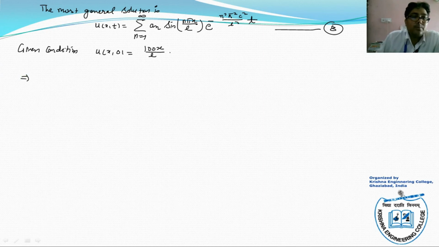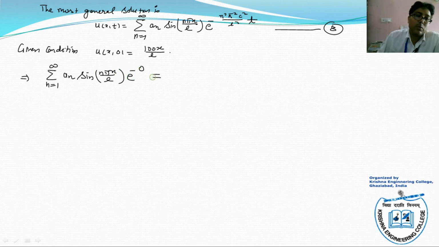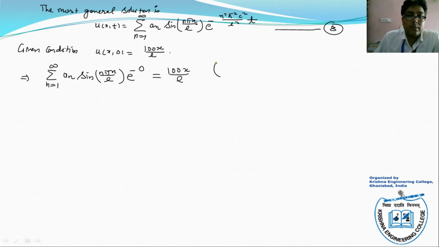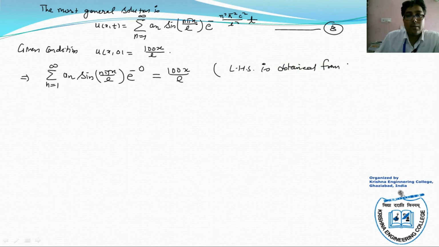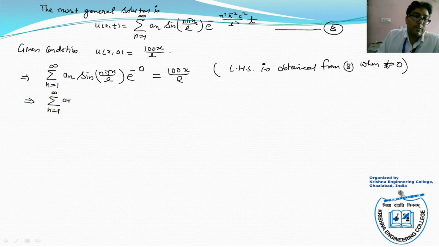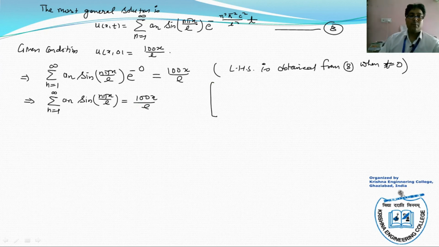So the LHS becomes the sum from n is equal to 1 to infinity of a_n sin(n pi x by L) into e to the power minus 0, which is equal to 100 x by L. So the equation becomes the sum from n is equal to 1 to infinity of a_n sin(n pi x by L) is equal to 100 x by L. This is the standard form of the half range Fourier sine series.